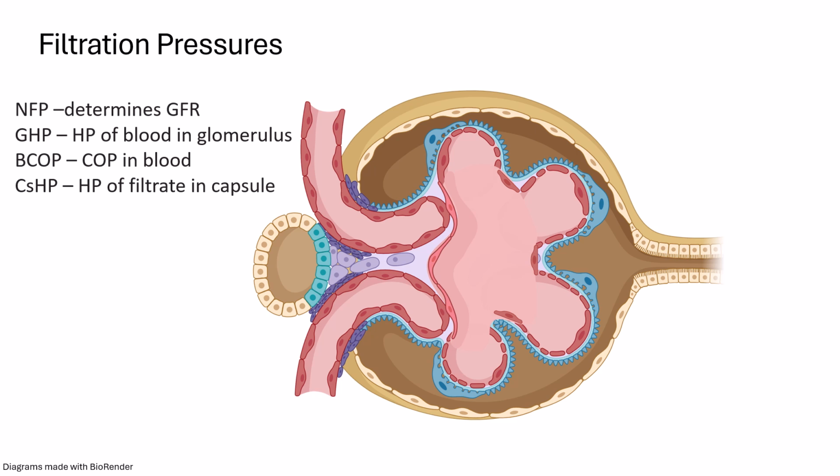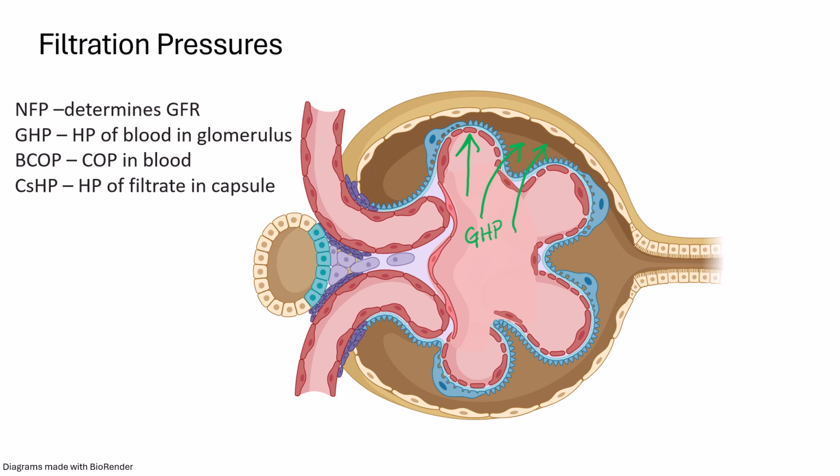That space is caught between the podocytes and the simple squamous parietal layer of the capsule. Blood in the glomerulus exerts a hydrostatic pressure, pushing things out of the glomerulus and into the capsular space. That hydrostatic pressure is the glomerular hydrostatic pressure. It is not equal to your blood pressure, but it is largely determined by your blood pressure.